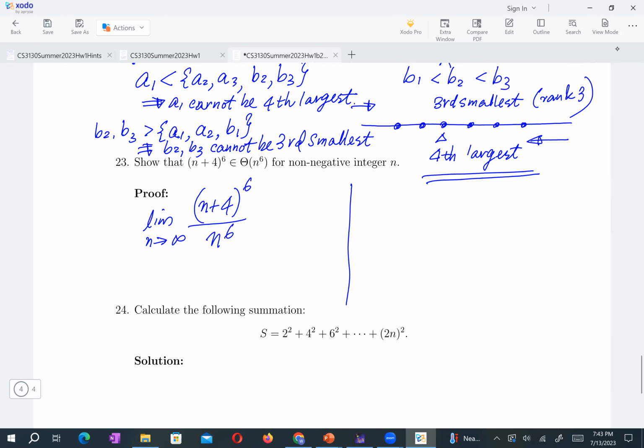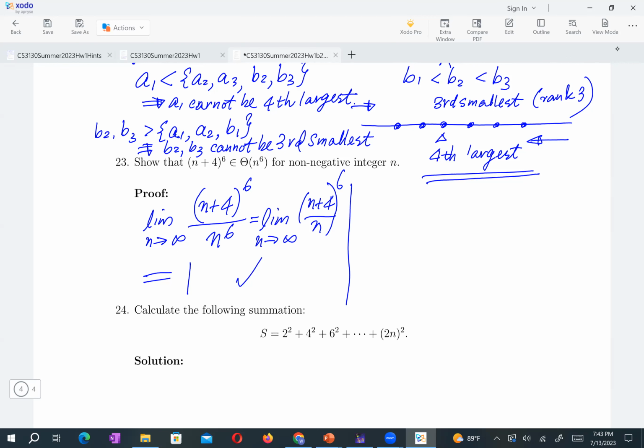With denominator n, the answer is 1. If the limit is a constant, you have your conclusion. That's enough for the limit.